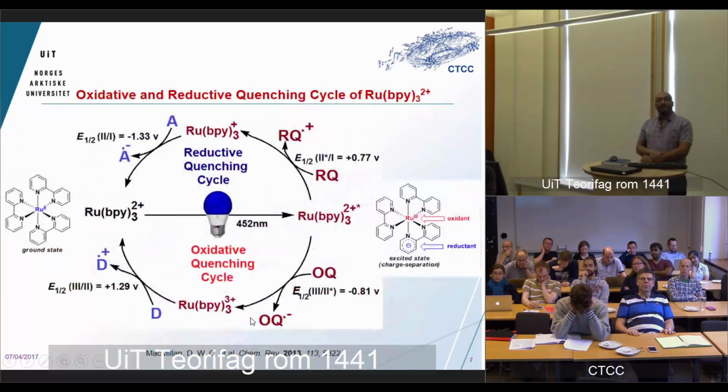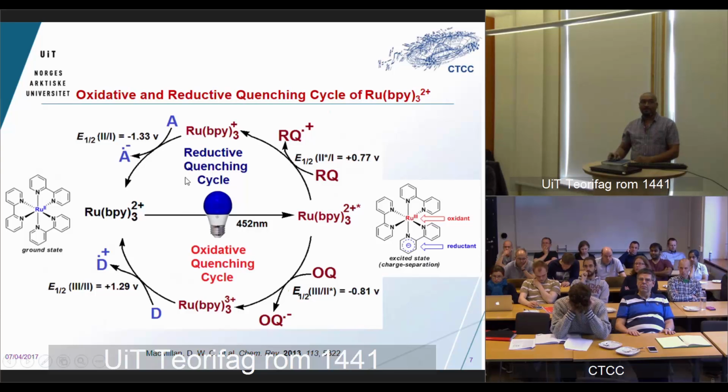If we take again a ruthenium-2 catalyst and look at the general steps of photocatalysis, we have ruthenium-2 absorbing light and exciting to excited ruthenium-2, and this can undergo either a reductive quenching cycle or an oxidative quenching cycle.